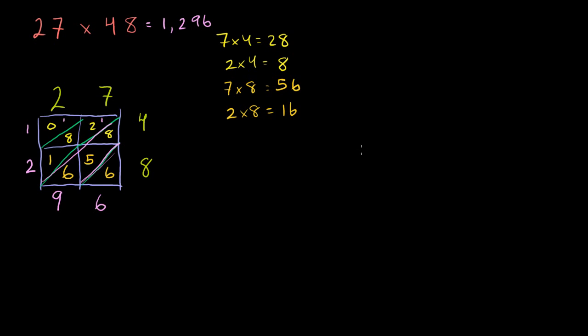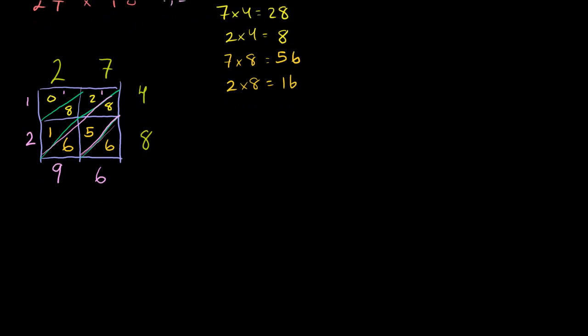Let's do a harder problem, one that requires more digits, just to show that this will work for any problem. Let's say we had 5,479 times, let's do a 3-digit number, times 787.